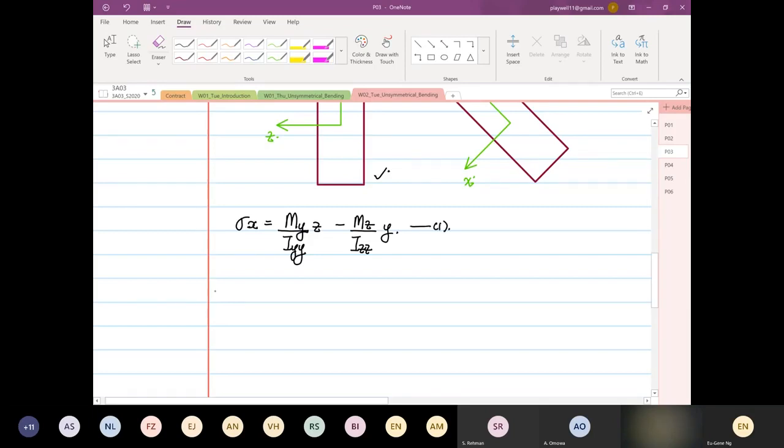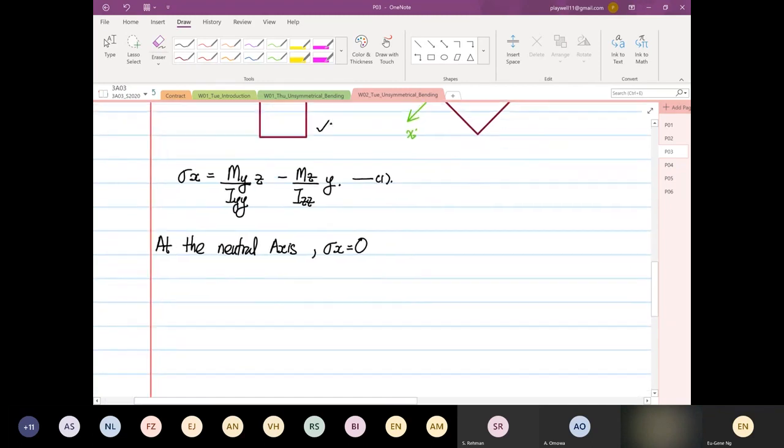So we know that at the neutral axis, stress X will be equal to what? 0. That's why we call it the neutral axis. All right.